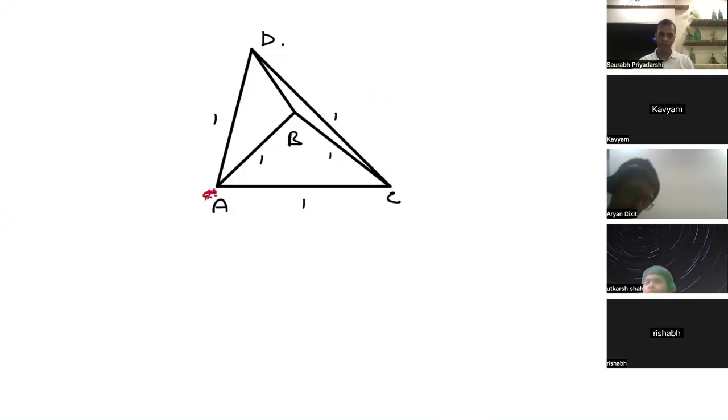starting from vertex A, observe the following rule.